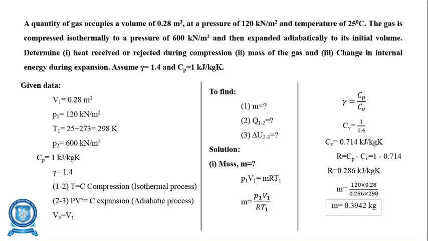Before compression, the volume, pressure and temperature are given as noted in the given data. After the isothermal compression, the pressure is increased to 600 kilonewton per meter square. So this is P2, after the compression. P2 is equal to 600 kilonewton per meter square and then it is expanded adiabatically to its initial volume.